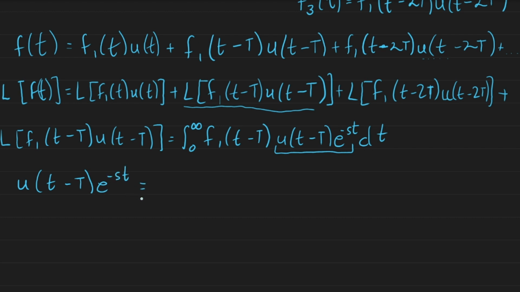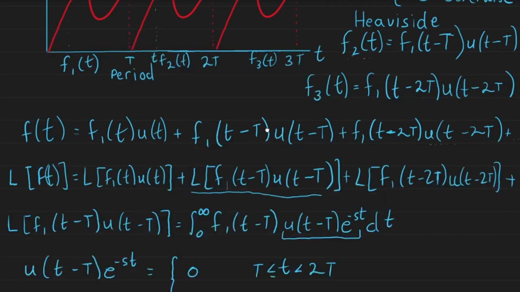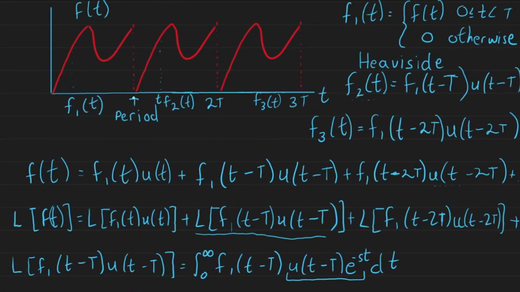So now this is going to take on two values. Firstly, it takes the value 0 between 0 and T. Remember that we have taken this second term, and you can see that the second term is valid for this part of the graph between T and 2T.